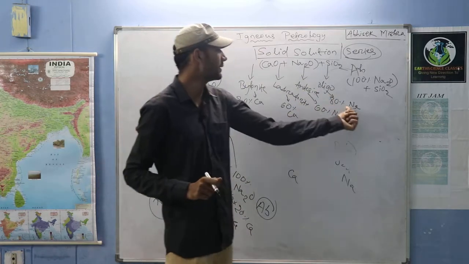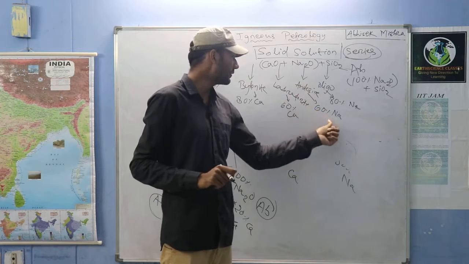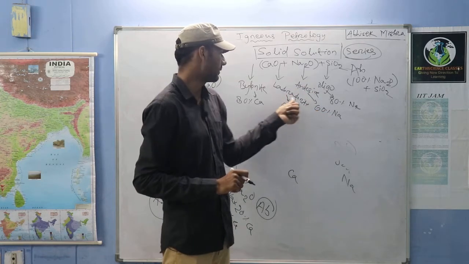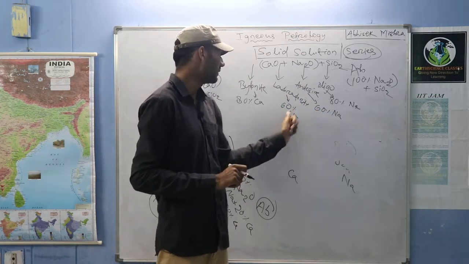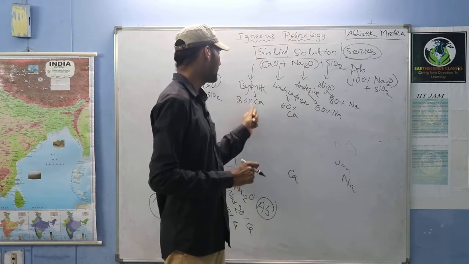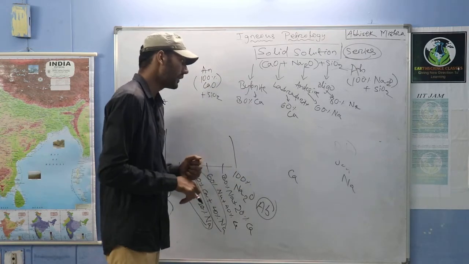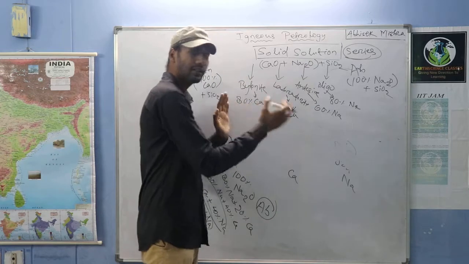That means 80% sodium plus 20% calcium. Like andesine, 60% sodium and 40% calcium. Labradorite, 60% calcium, 40% sodium. And bytownite, 80% calcium and 20% sodium. Right? So these are having ranges.